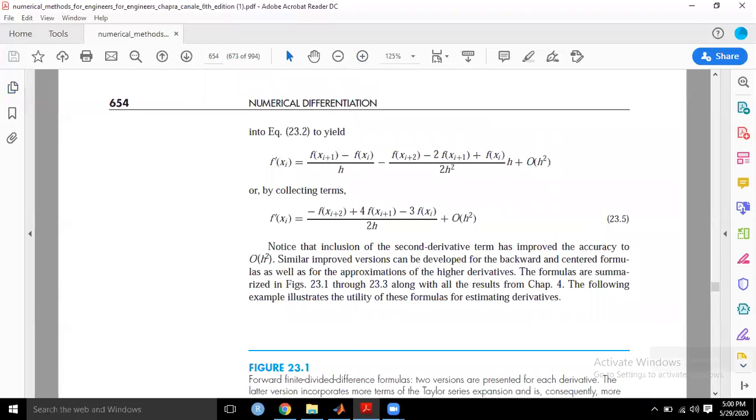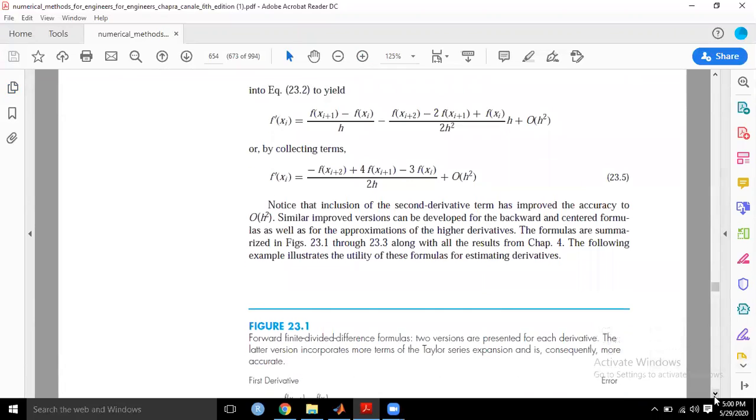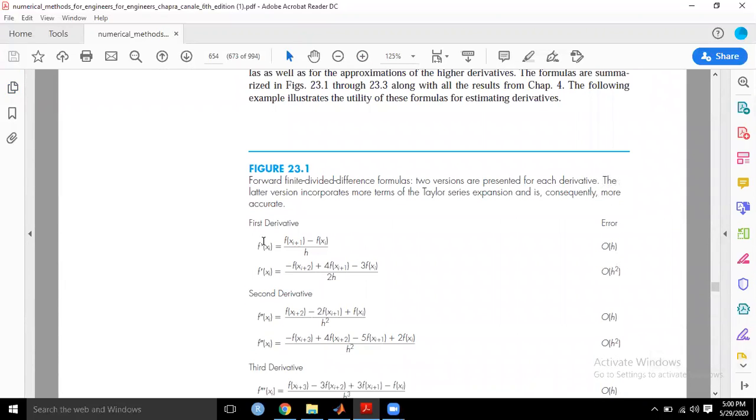Actually, we have here the function and its first derivative at a point xi.